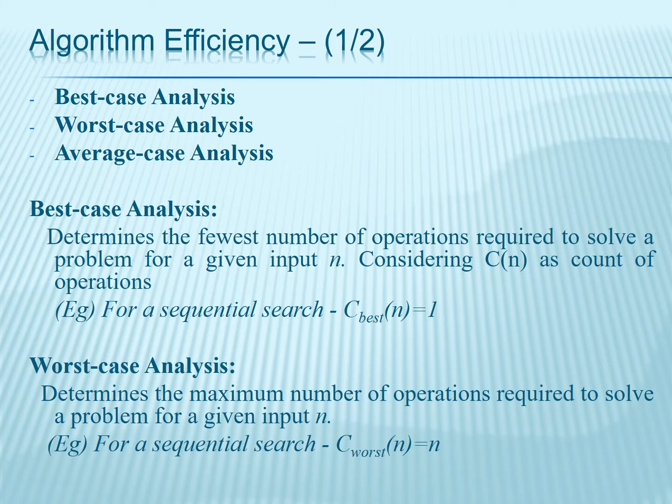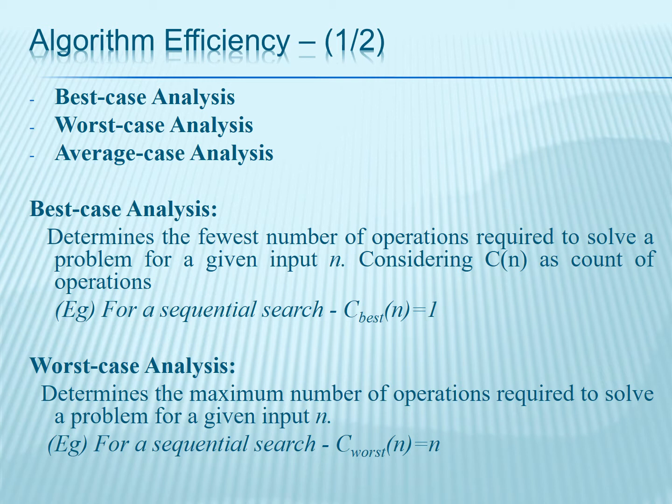If n naught is present as the first element of the array, the number of comparison is 1. That is, when we compare the very first element with n naught, we find n naught in the first location of the array. Then the C best of n is equal to 1 for sequential search.